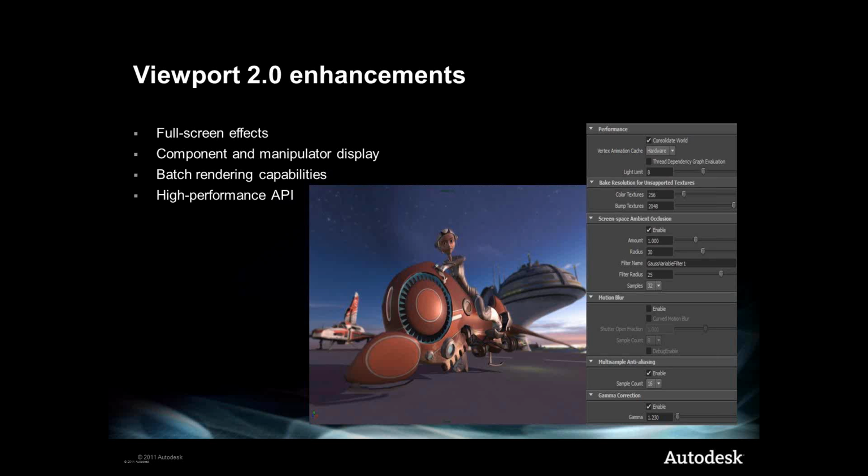Well, now the high-performance Viewport introduced with Maya 2011 and 2012 offers full screen effects. That means motion blur. That's one of the coolest things. If you ever see the motion blur, you can select the object you want to see kind of in the back or the ones that want to kind of blend in with the environment.